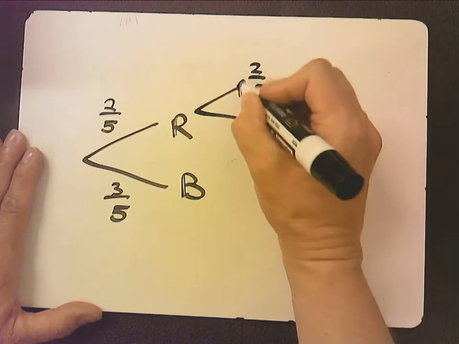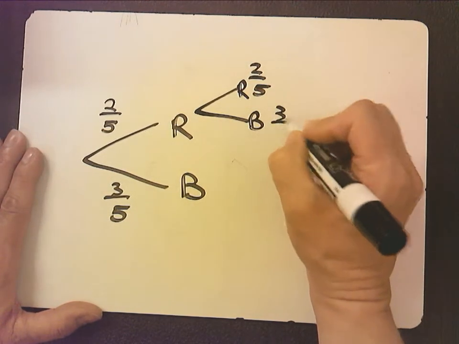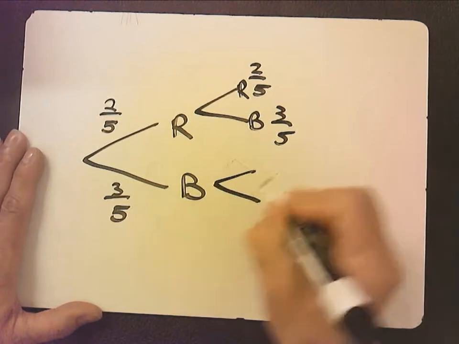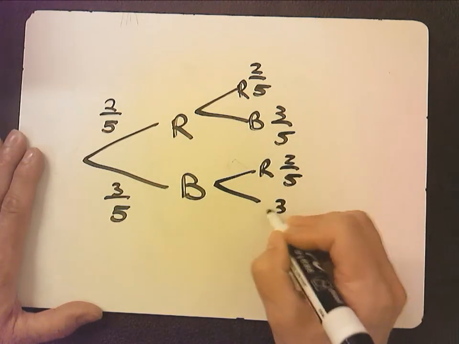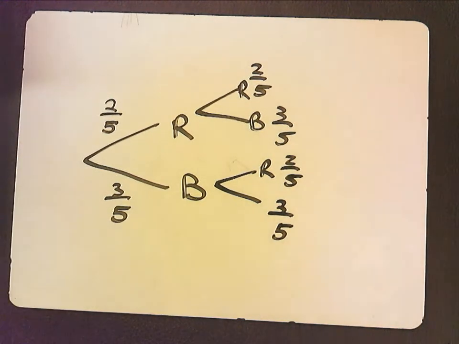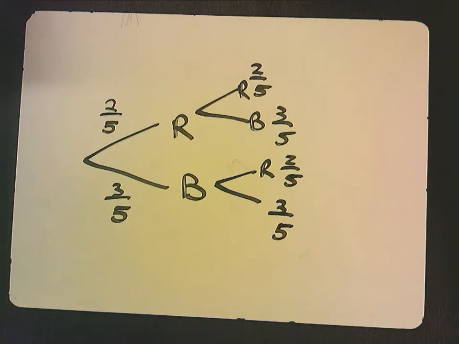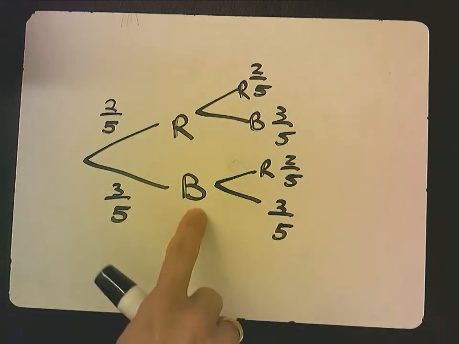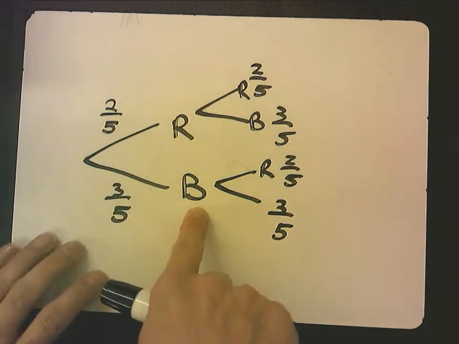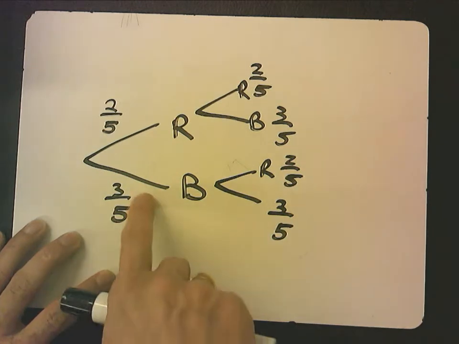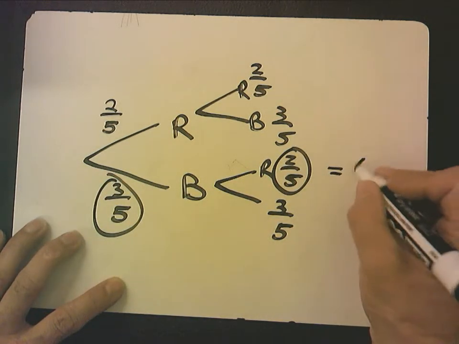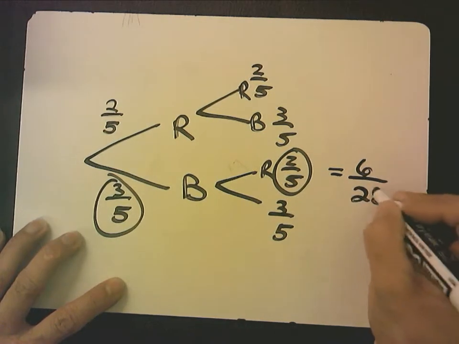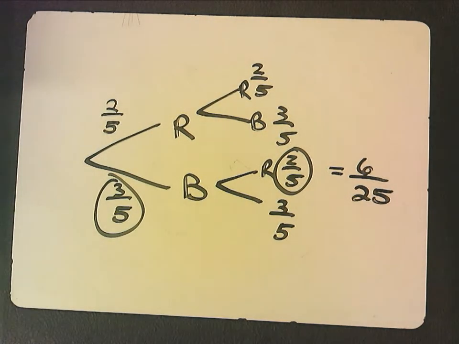A blue? 3 out of 5. If I get a blue first, getting a red would be 2 out of 5. Getting a blue would be 3 out of 5. So to figure out my probability, I would just multiply. They want to know the probability of getting a blue and then a red. So I do 3/5 times 2/5, which is 6/25, which is what we got doing it the other way.